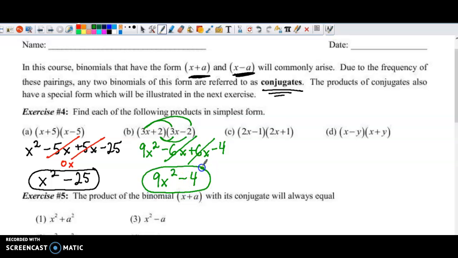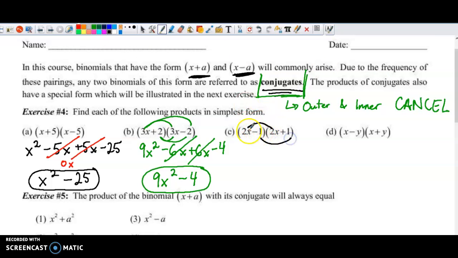And that's what I'm going to get at when you're dealing with conjugates. With conjugates, the outer and inner in FOIL cancel. So when you get to a problem like this, it is acceptable to just do the first and the last if you're aware that the outside and inner cancel. So the correct answer to this one is 4x squared. Negative 1 times 1 is negative 1.